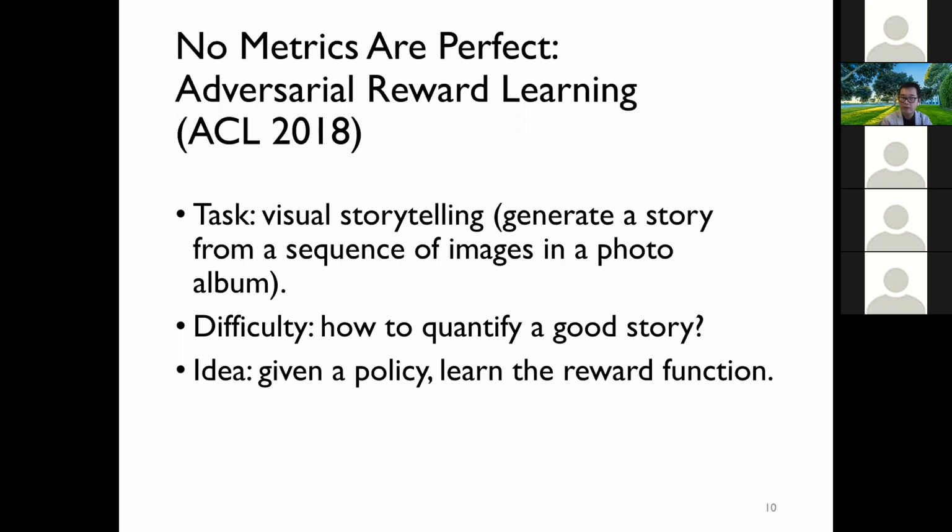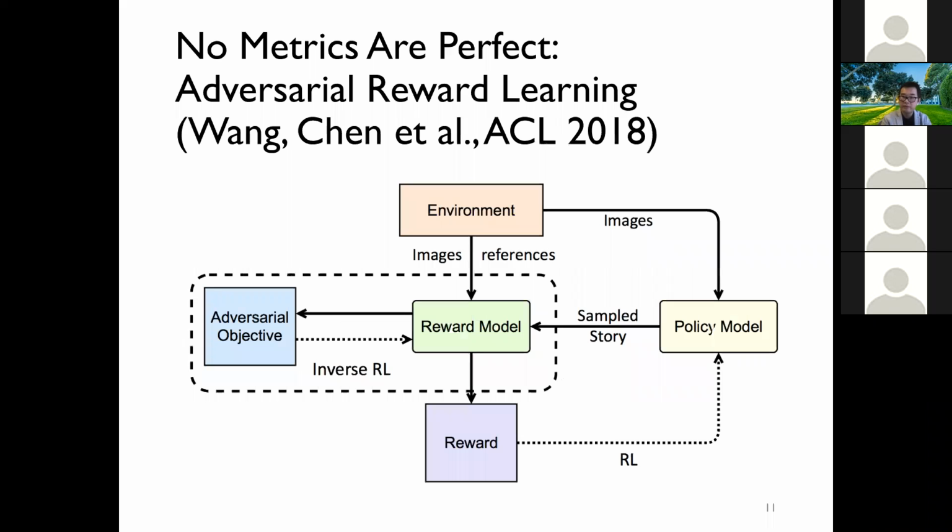So we came up with this adversarial reward learning approach that, in addition to optimizing the policy to generate a story, once we fix a policy, we also try to improve the reward function, which is basically a convolutional neural network that generates a score that we can use as a reward to improve the policy model. This is what the figure looks like.